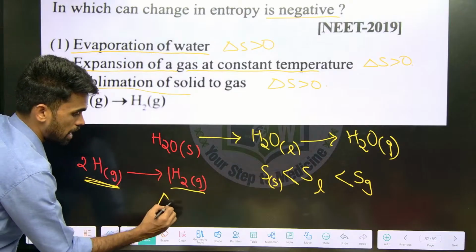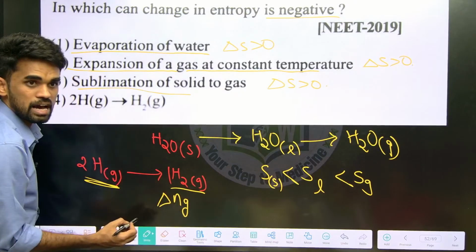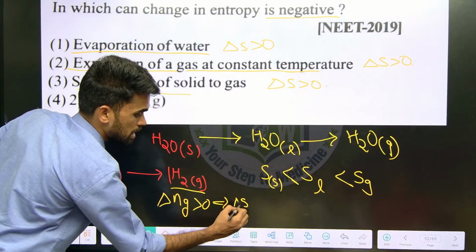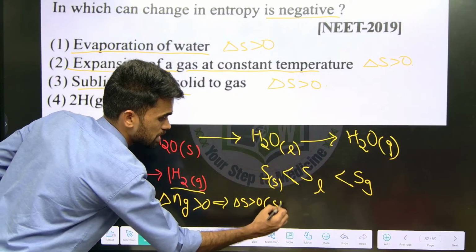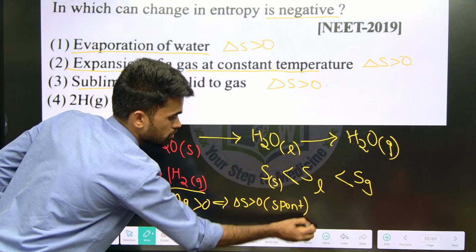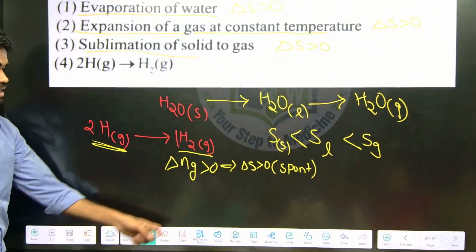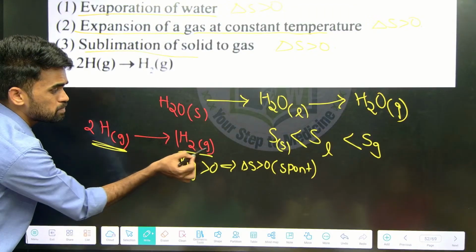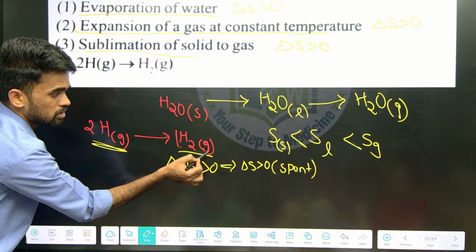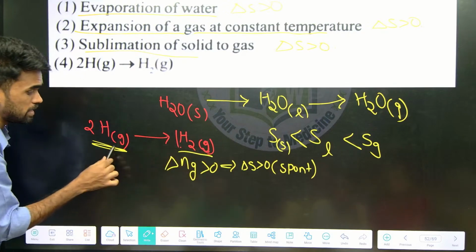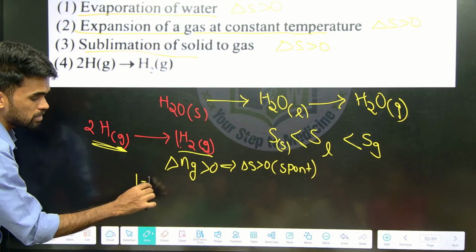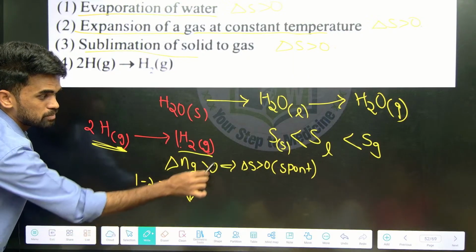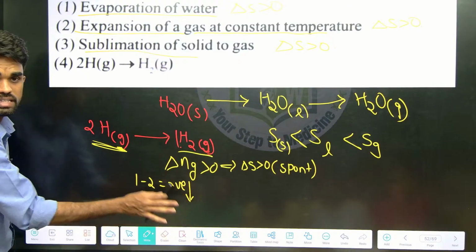When you calculate delta Ng for a reaction, if it is greater than 0, delta S is also greater than 0, and you can say it is a spontaneous process. Here, how many gas particles are there on this side? One gas particle, but here how many? So 1 minus 2 means you are getting a negative value now. It means the number of particles is decreasing, so entropy also decreases. Is this clear or not?